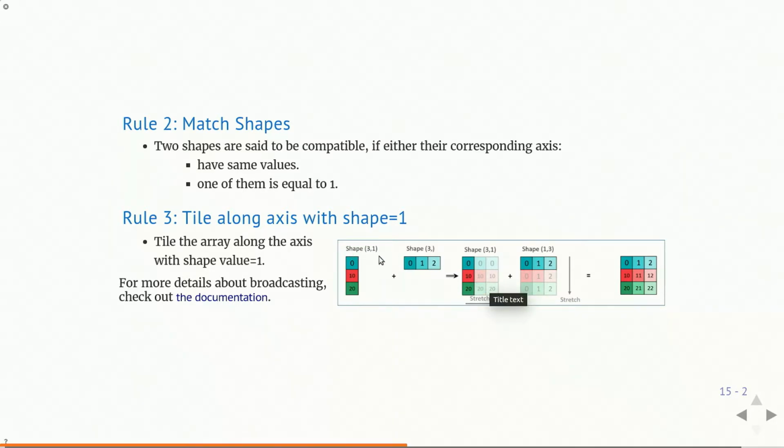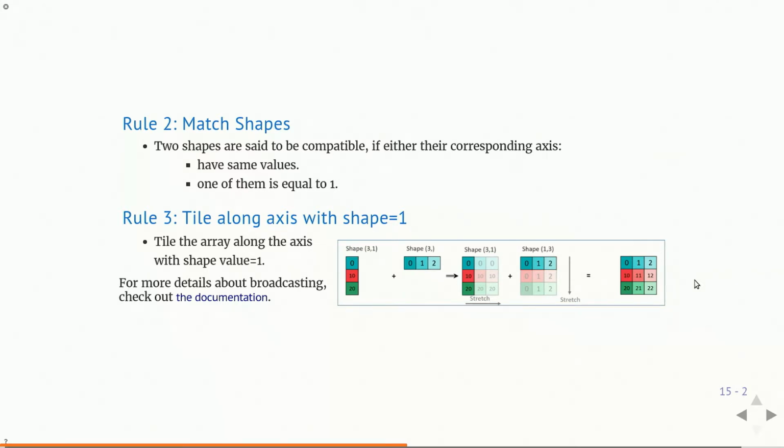So this array will be tiled along the axis with value 1, which is basically the horizontal axis, so it will be tiled in the horizontal direction, and this array will be tiled in the vertical direction. So at the end of rule 3, we will have two arrays with identical shapes, and finally an element-wise operation will be performed among both the arrays.